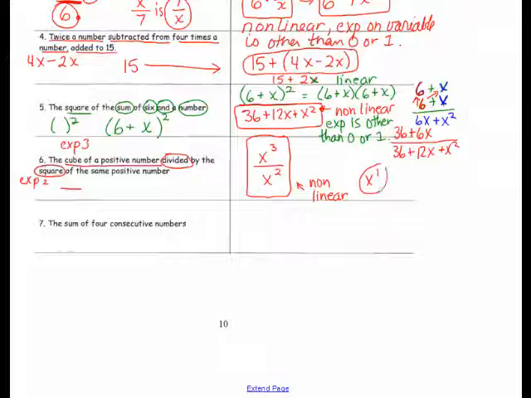And this would be a linear expression. So you always want to take a look at what it would look like in simplest form. Pause the video and complete problem 7.